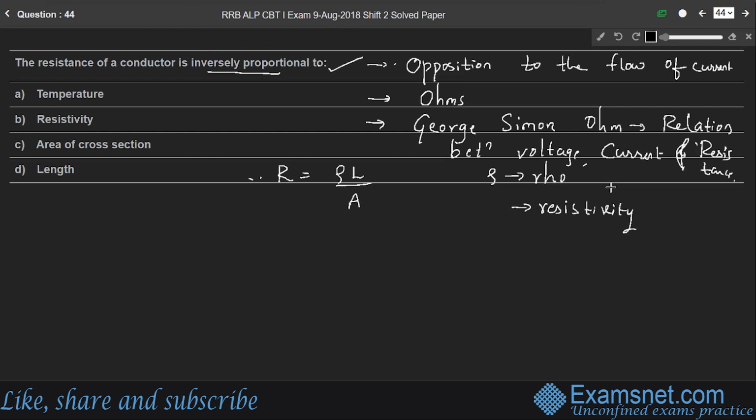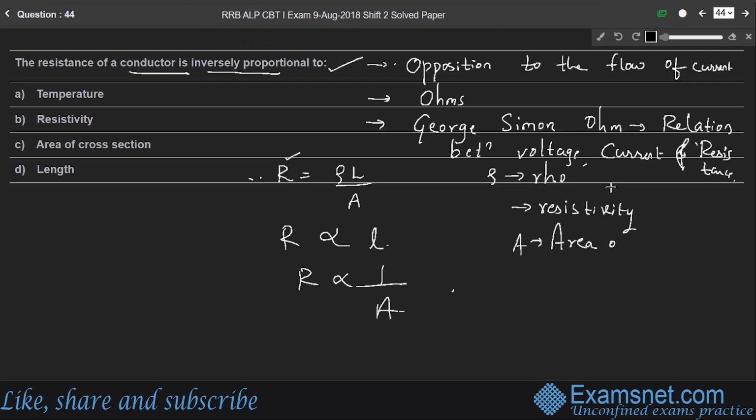Therefore, the resistance of a conductor, it may be a small wire, is directly proportional to the length of the conductor, and inversely proportional to the area of cross section of the conductor. Here A is the area of cross section.